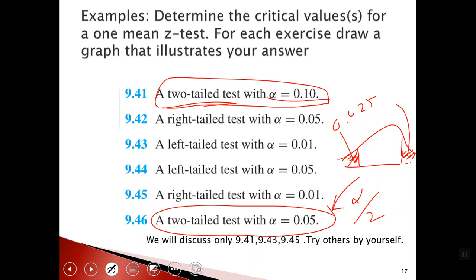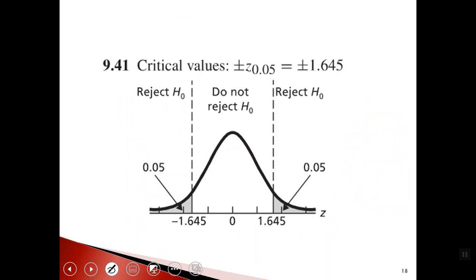My example in the next slide is based on the first one, a two tail test. Alpha is 0.1, so you get alpha over 2, which means 0.05, positive and negative both. The value is 1.645. So you have to find the 0.05 from the Z table and get the row value and column value.